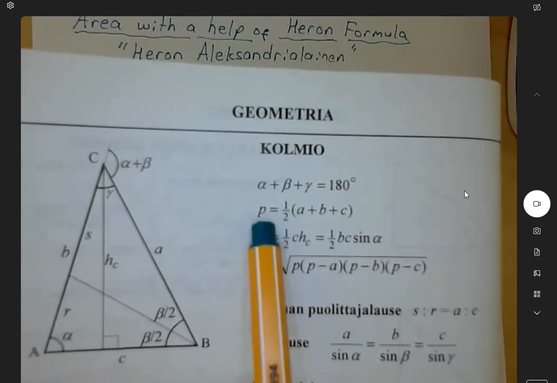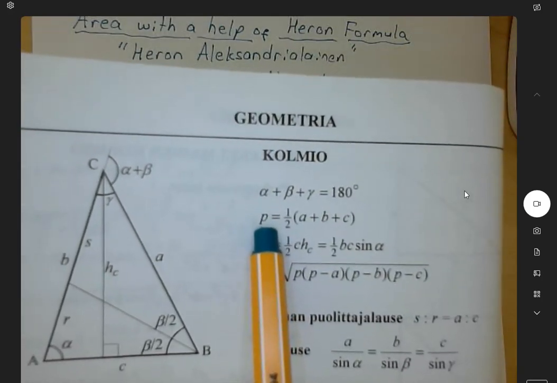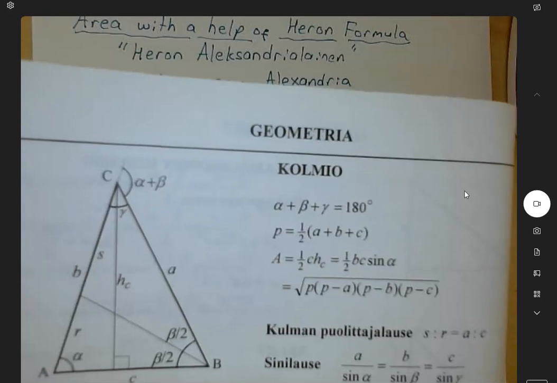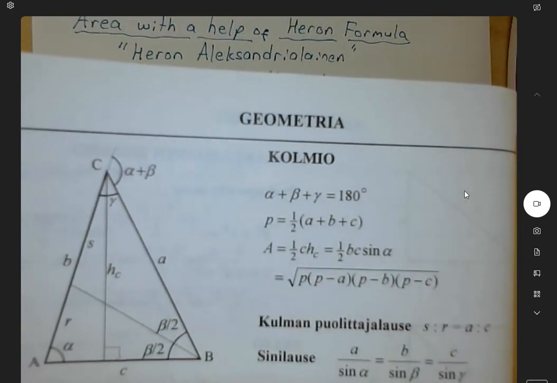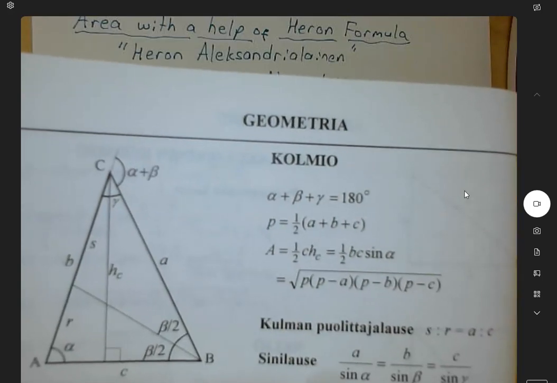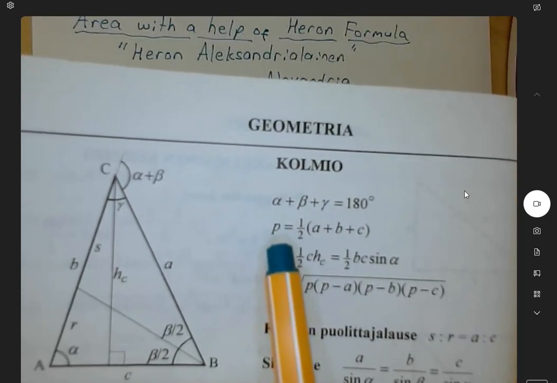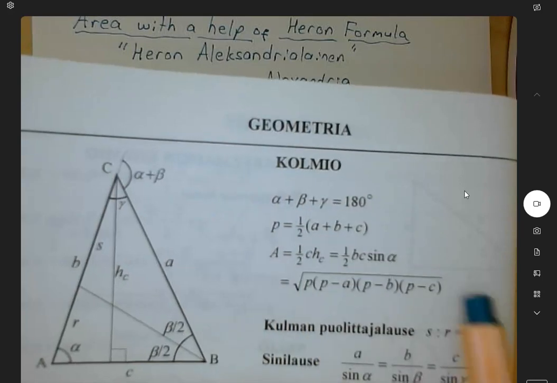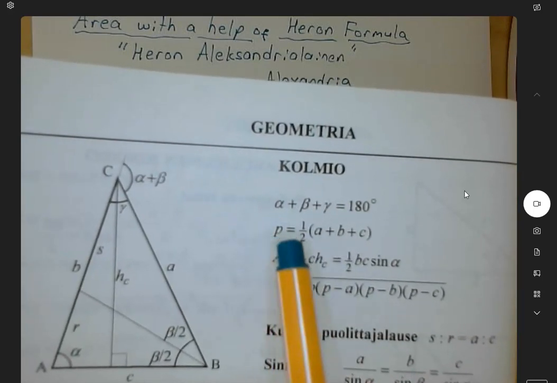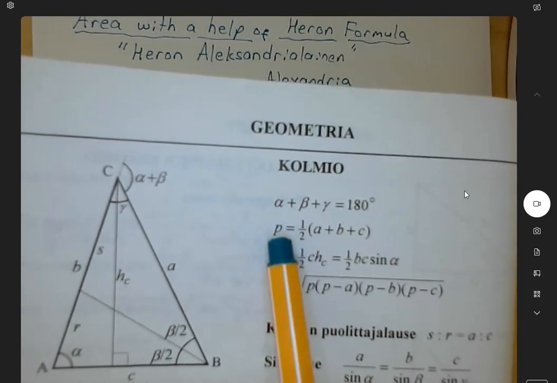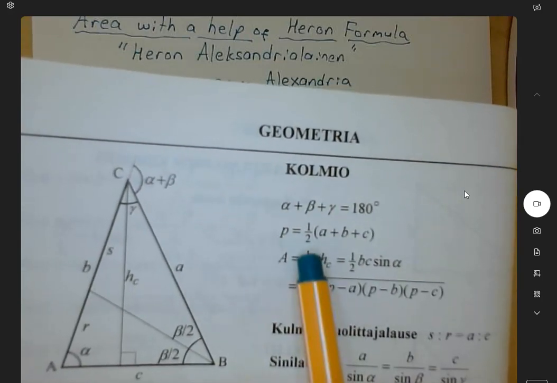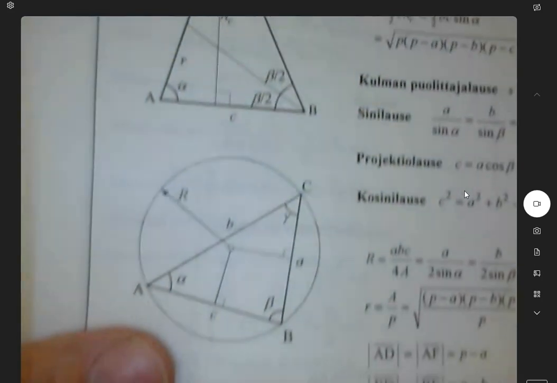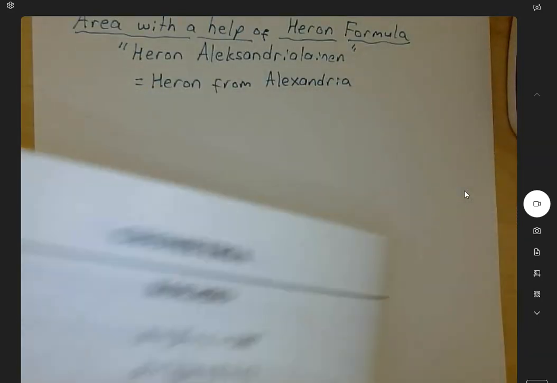Most usually this B means the perimeter, but in this case it is half of the perimeter. I don't know why they use the same letter. Of course, sometimes you may find this formula using another letter for this, for example the letter S is used.